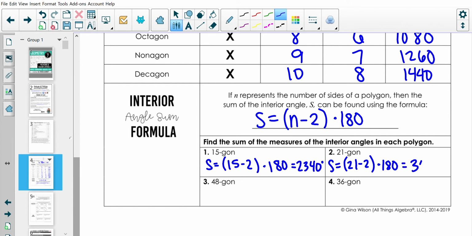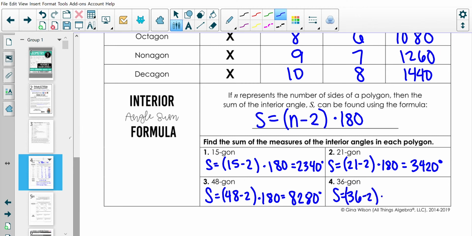Good. Number 3. 48 minus 2 times 180. 8280. And number 4. 36 minus 2 times 180. 6120. Make sure you have your degree sign with all 4 of those.